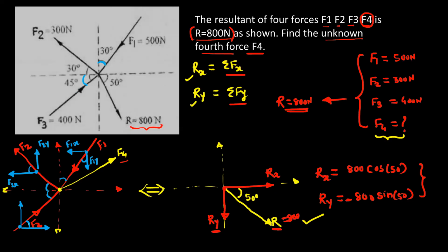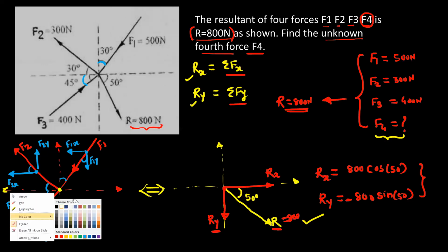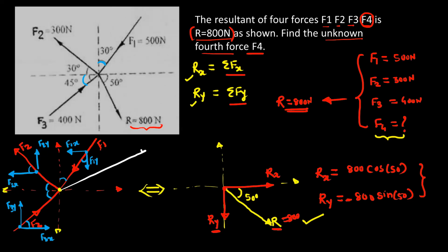So this is 45 alternate angles. Now this component is F3y and this is F3x. Okay. And last, resolve the F4. Okay. So this is your F4. This is F4x and this is F4y. Okay.